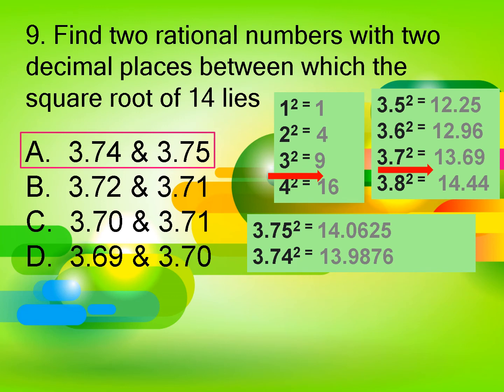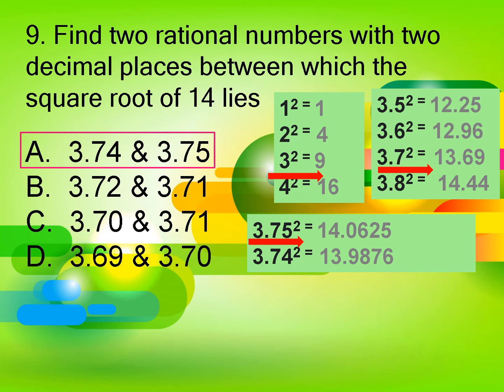So 3.75 times 3.75 is equal to 14.0625. So it is bigger than 14. So we'll use the lesser number, 3.74. So 3.74 times 3.74 is equal to 13.9876. So, meaning it lies between 3.75 and 3.74.